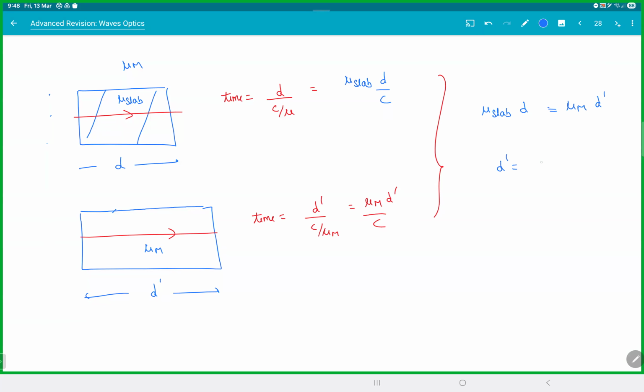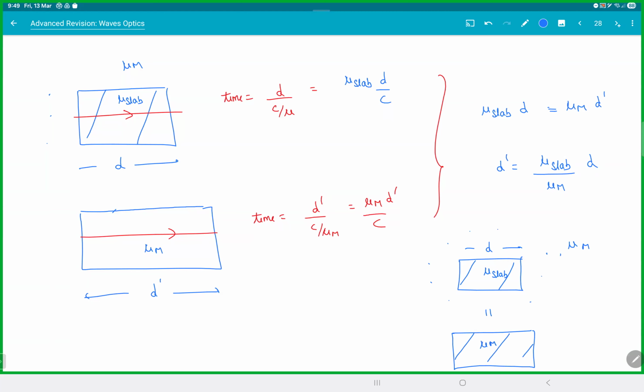So we get D dash is mu slab by mu medium into D. That means you can replace a slab of thickness D, which is surrounded by a medium, with an equivalent slab of mu medium. If it is vacuum, then mu medium becomes 1, and the thickness will be that formula.